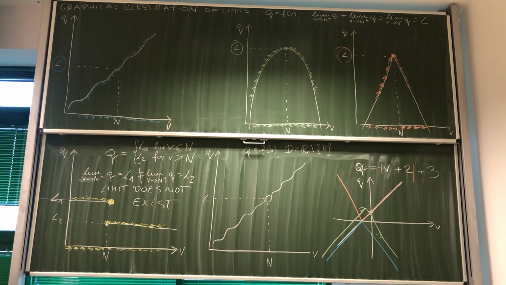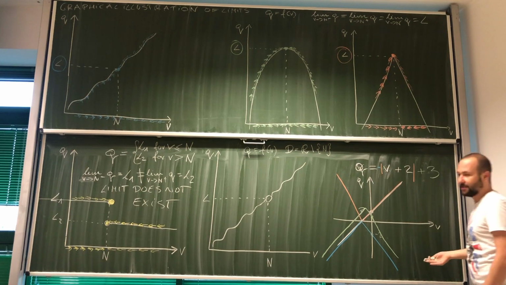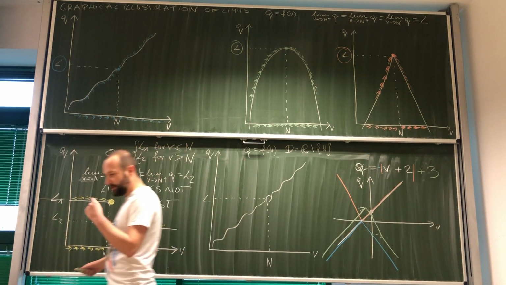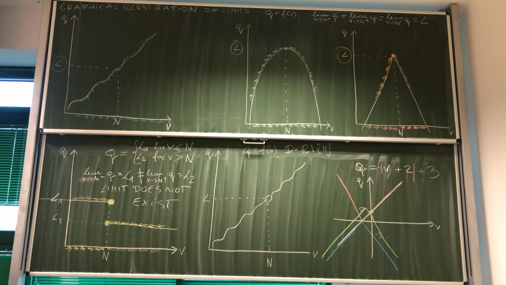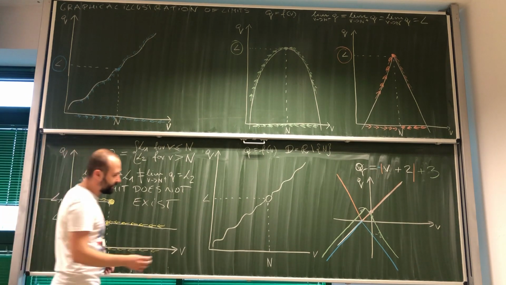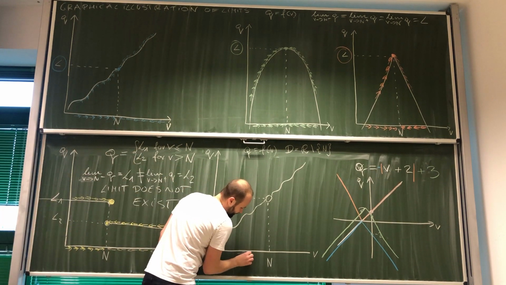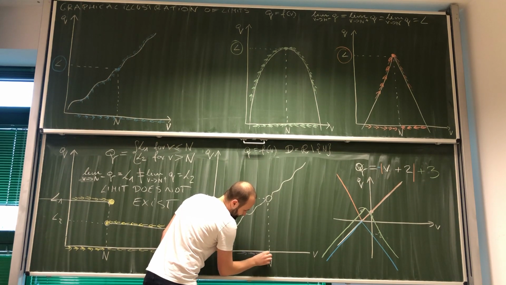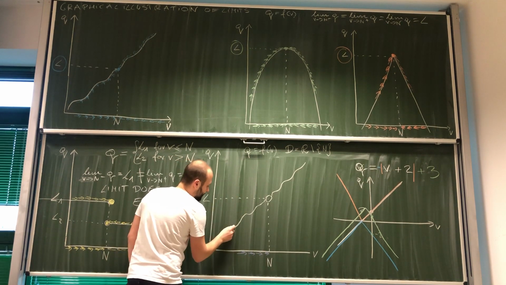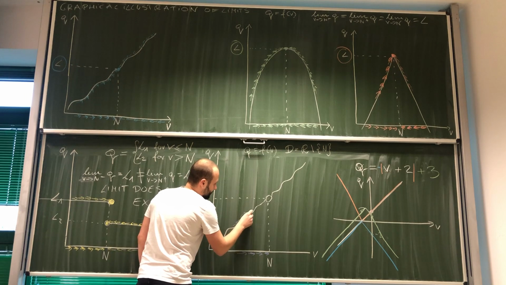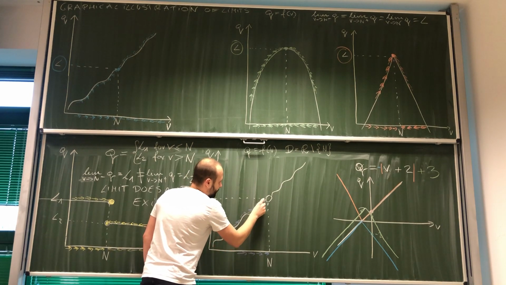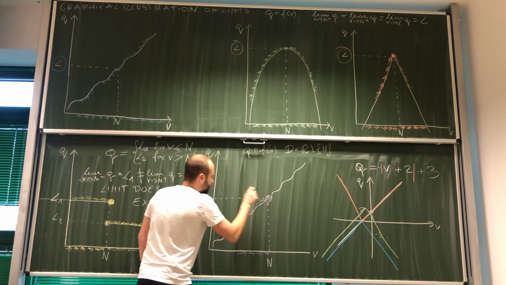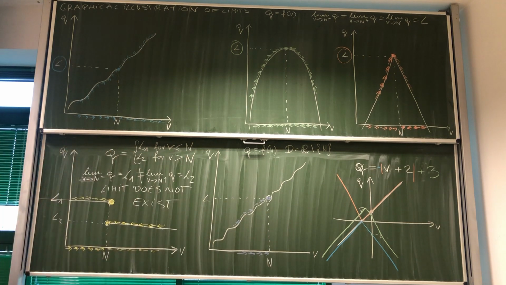Okay, so how do we approach a case like this? Let's start in the same way. Let's start by evaluating the left side limit. And we see that the values of the function are pointing us to the middle of this circle.